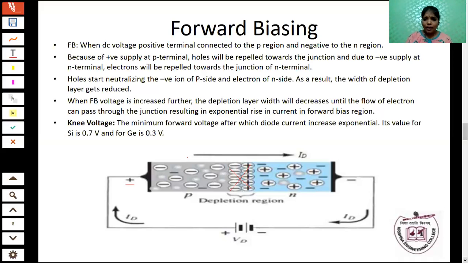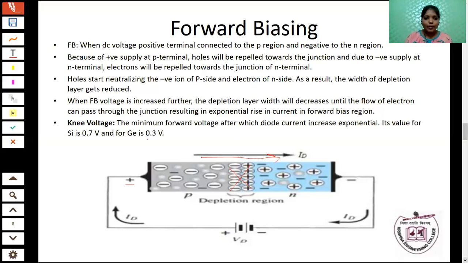Okay, they get enough energy, break this electrical field, move towards the p-type material, and then the recombination of electrons and holes takes place. When you increase the forward biasing voltage, the movement of electrons will increase. If the movement of electrons increases, what will happen? More current flows through the PN junction diode.